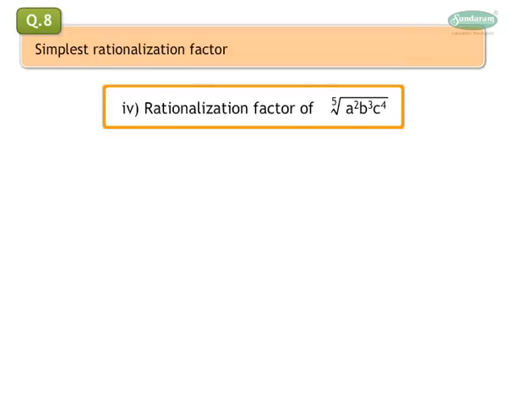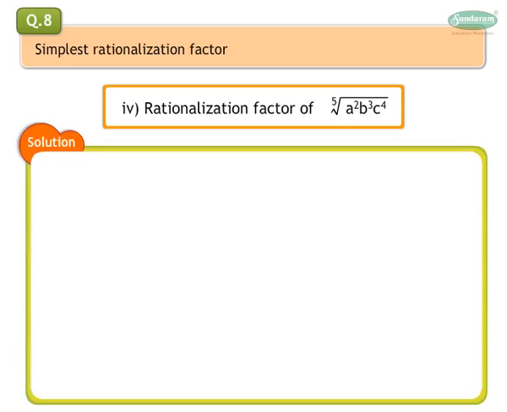4. Let us find the rationalization factor of fifth root of a square multiplied by b cube multiplied by c raised to power of 4. Solution. In this case, we write the surd into index form as a raised to 2 upon 5 multiplied by b raised to 3 upon 5 multiplied by c raised to 4 upon 5.